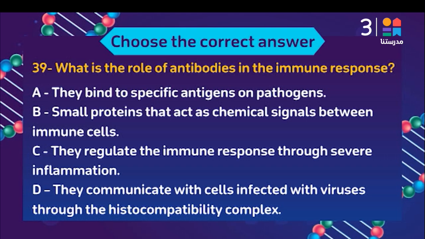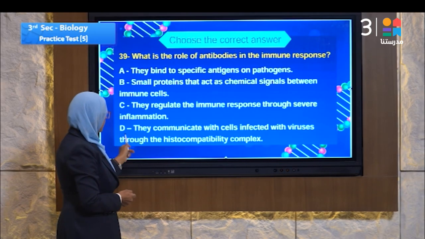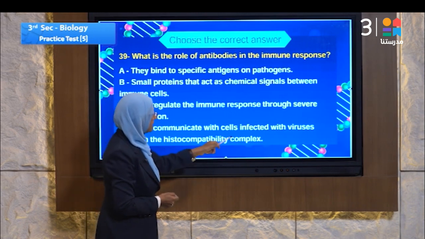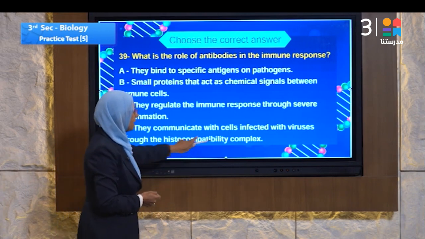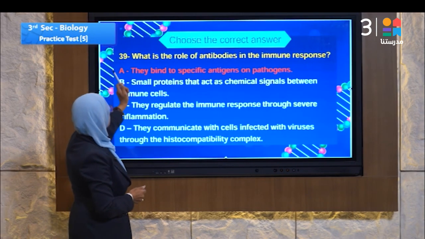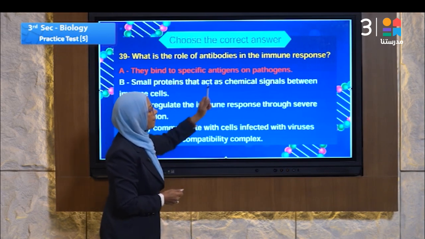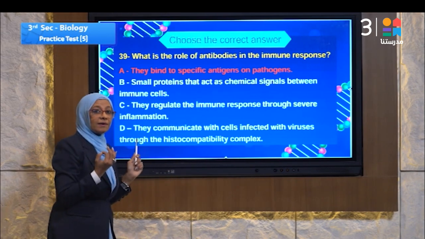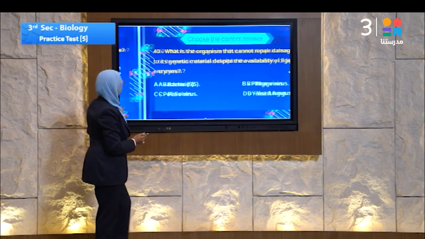C, they regulate the immune response through severe inflammation. D, they communicate with cells infected with the virus through the histocompatibility complex. No. The answer must be A, they bind to specific antigens on pathogens, because they are antibodies. They are specific. Let's go to question number 40.